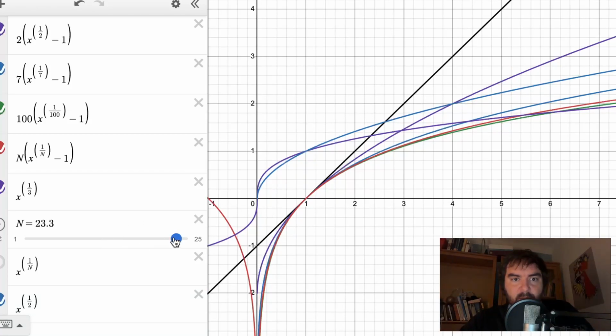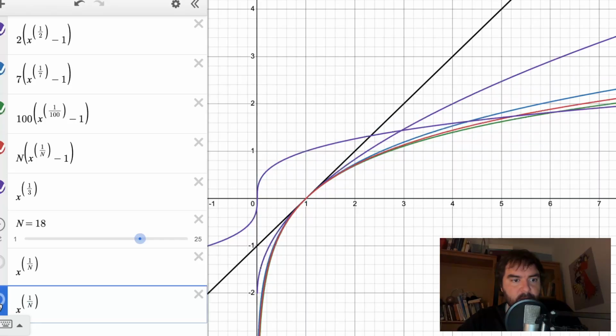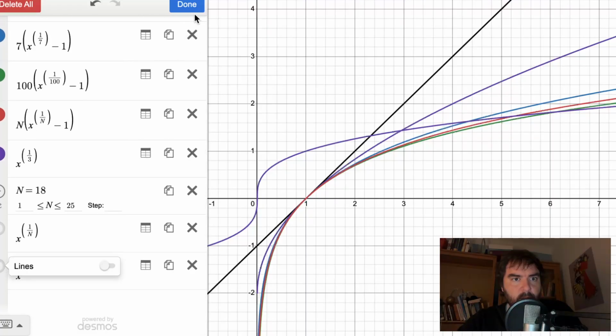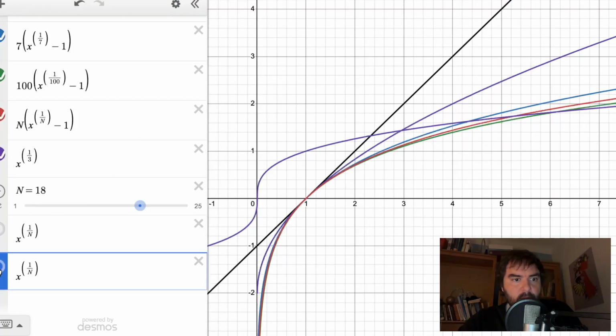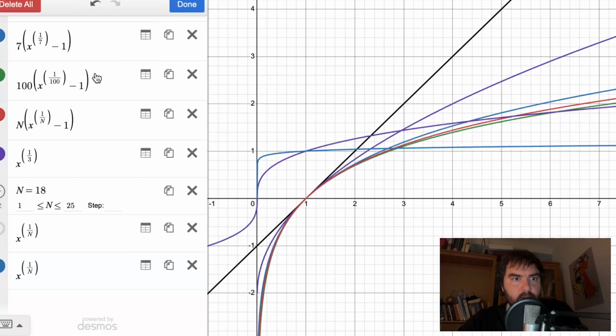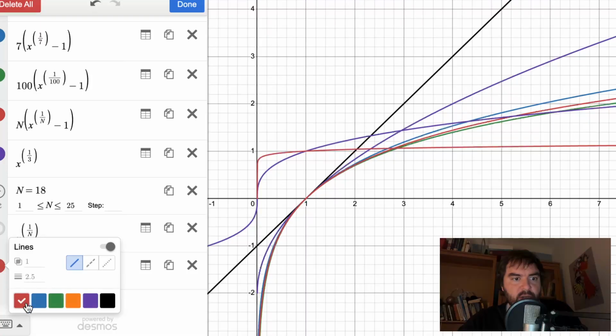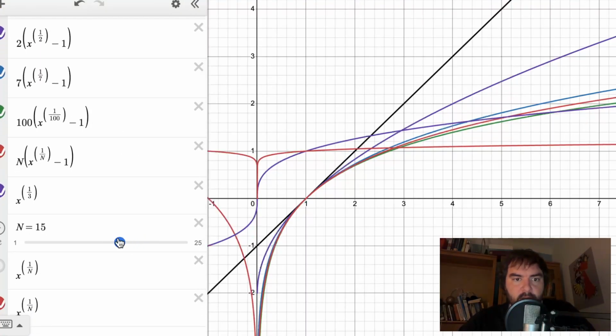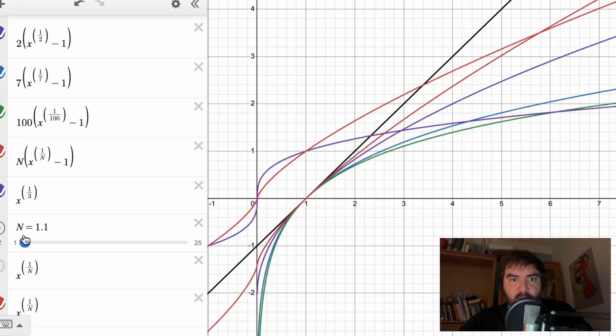So for example, let me actually replace the square root with, let me just change the color. So I have now here the red moving part.